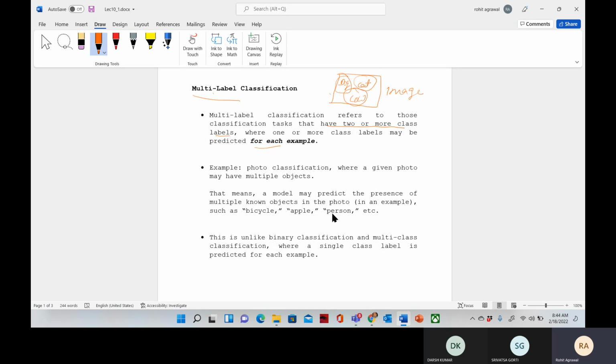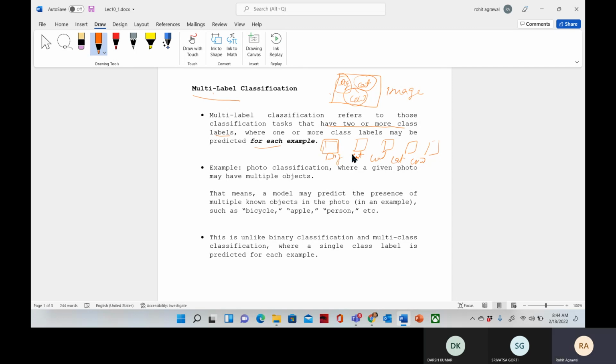And in multi-class classification, what do we have? We have different examples or different data like this. This may be the dog, this may be the cat, this may be the cow, this may be the cat, this may be the cow. Clear?